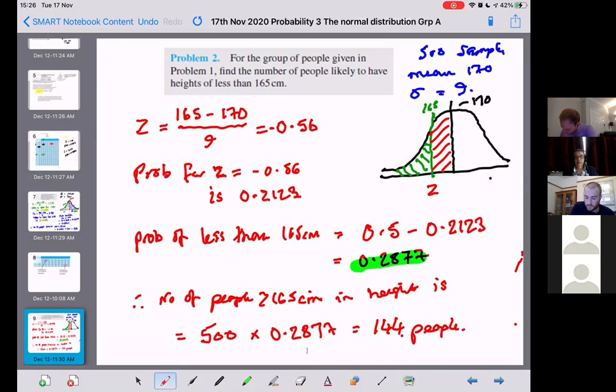So statistically, this sample is saying that out of 500 people in that data, with the data given, 144 of them are less than 165 centimeters tall.